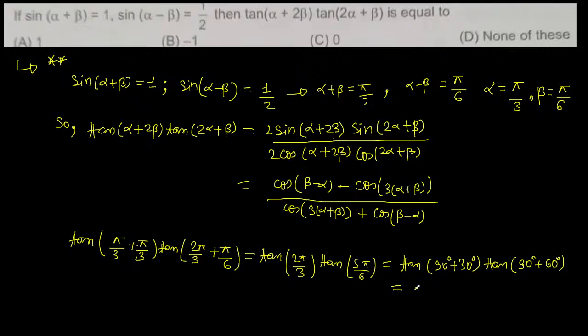Tan 90 plus theta is minus cot. It is in second quadrant, so tan will come out with negative and opposite, which is cot 30. Tan 90 plus 60 will come out with negative cot 60. So it is normally plus 1. This is tan 30. It is plus 1. So option A is correct.